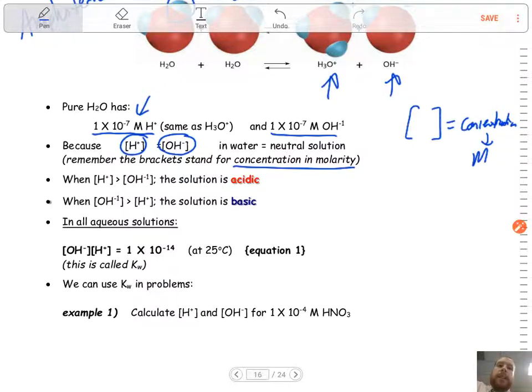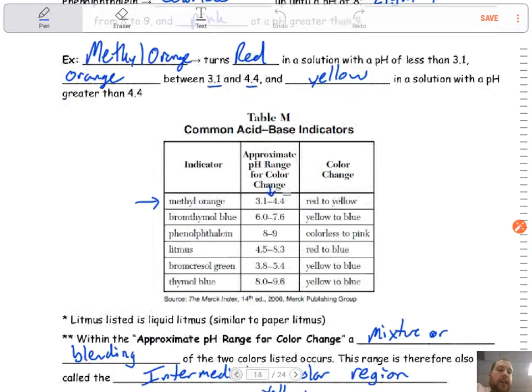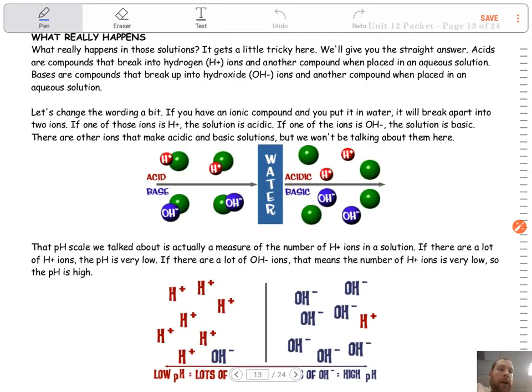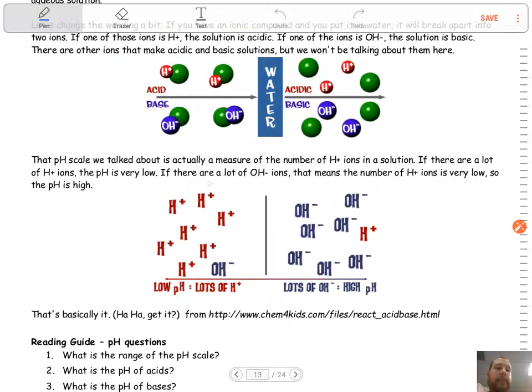Think back to the demo I did the other day where I went through the whole universal indicator and got those color changes. When it was green, that was when it was in the middle, when those hydrogen and hydroxide ions were equal in terms of their concentration. If you go back a couple of pages in the notes, a good visual for this is right here, where you've got the same number of hydrogen ions floating around as hydroxide.